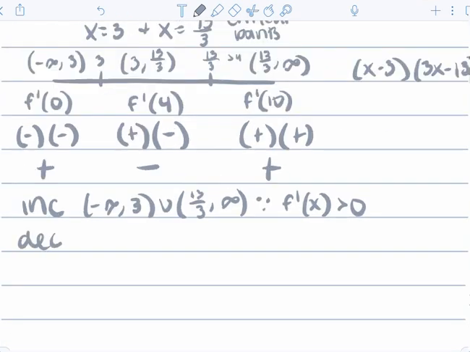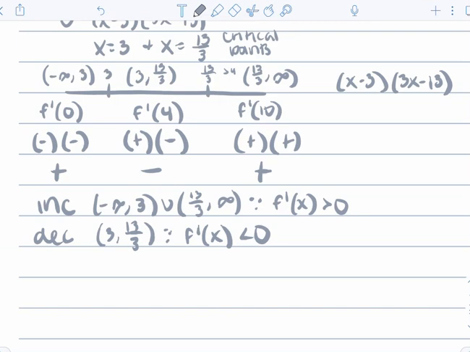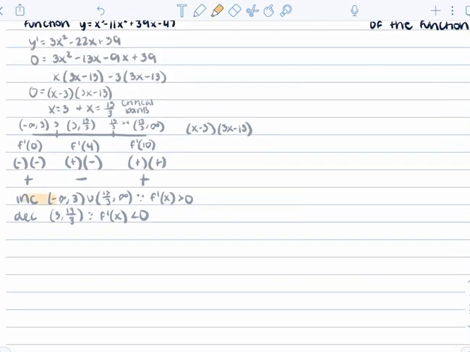We can say decreasing from 3 to 13 over 3 because the derivative is less than 0. So this would be our answer.